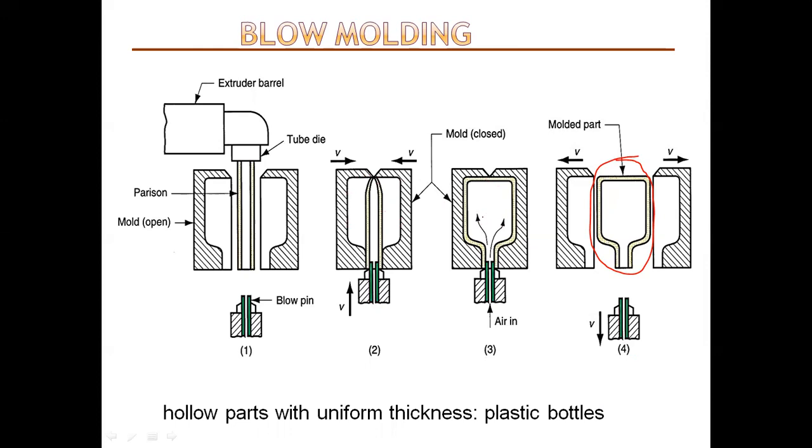Once the plastic has cooled and hardened, the mold opens. You can see the mold opens and the part is ejected. The materials used for blow molding are low density polyethylene, high density polyethylene, polypropylene, polyvinyl chloride, and polyethylene terephthalate.